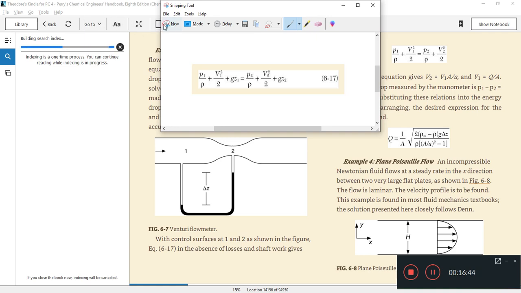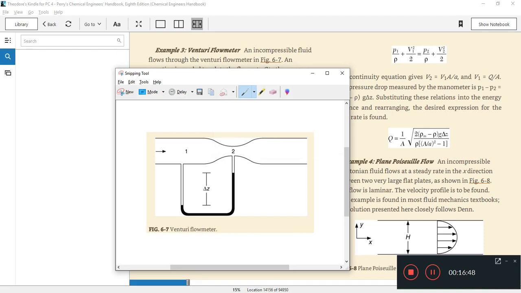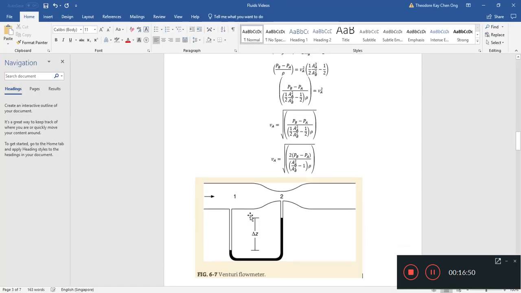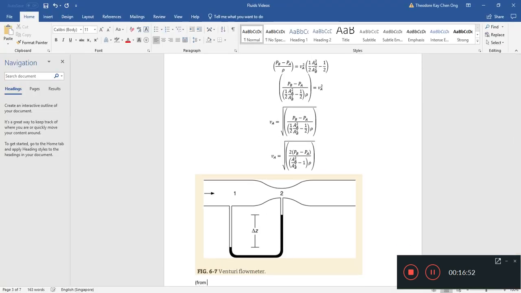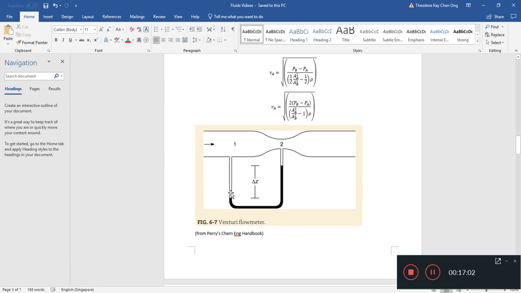In Perry's Chemical Engineering Handbook, Chapter 6, you'll find something like this. You'll see a Venturi flow meter like this. What they have here is a manometer, so you should be already familiar with this.